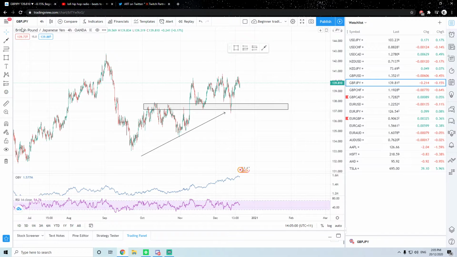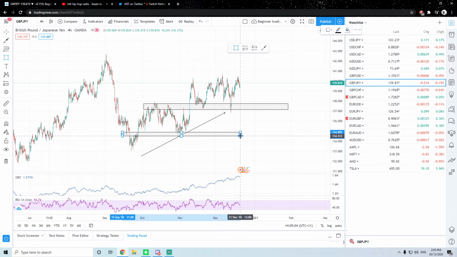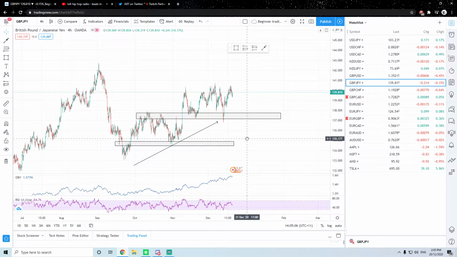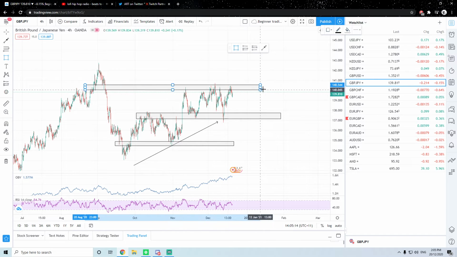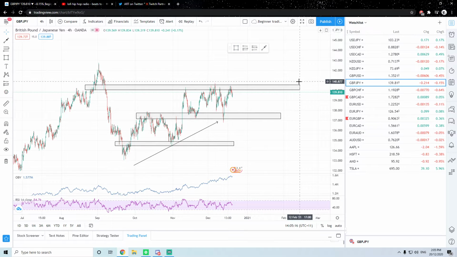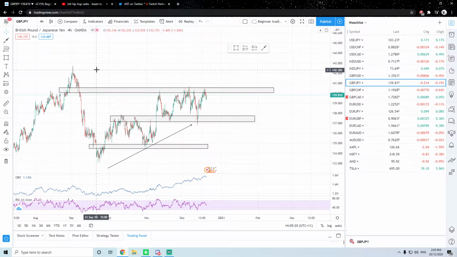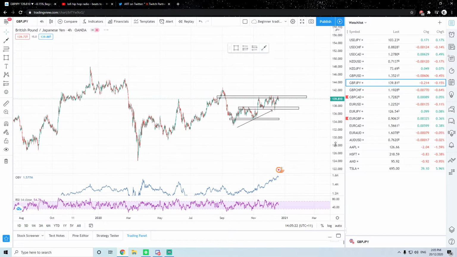But here I'm just gonna mark up some more key levels, so I can see that there's one here as well. And then obviously I can just mark this area up here. Just like that. So now I've got a few key levels that I'm looking at to trade this week.